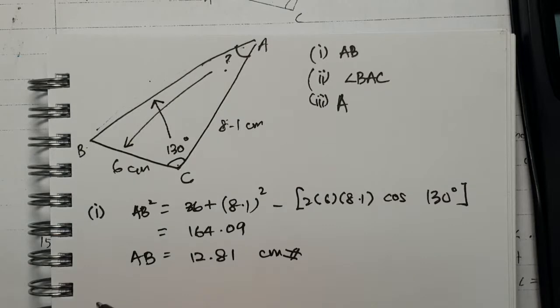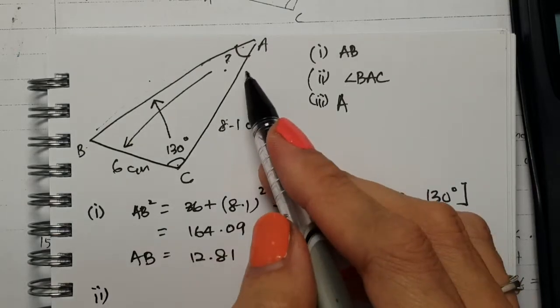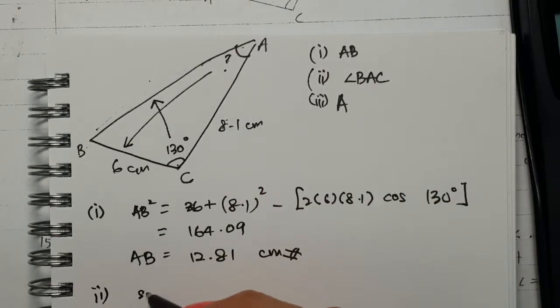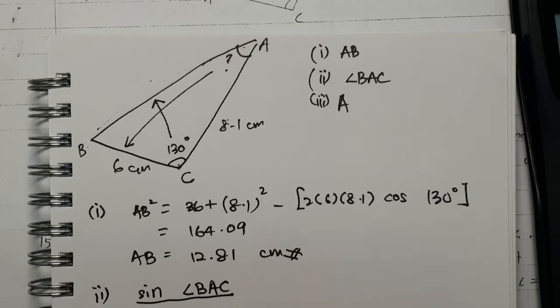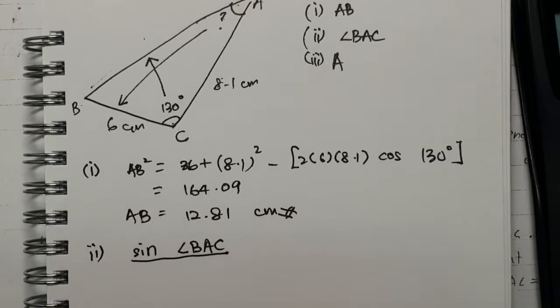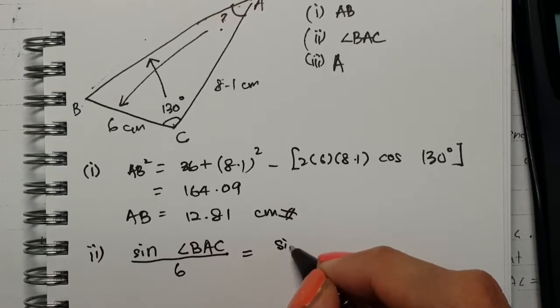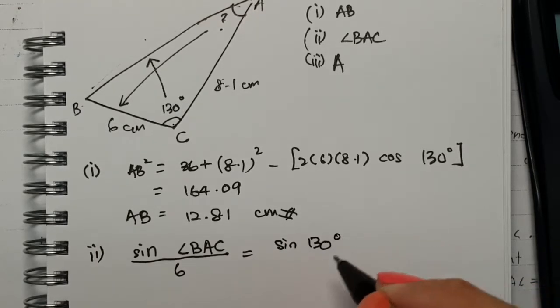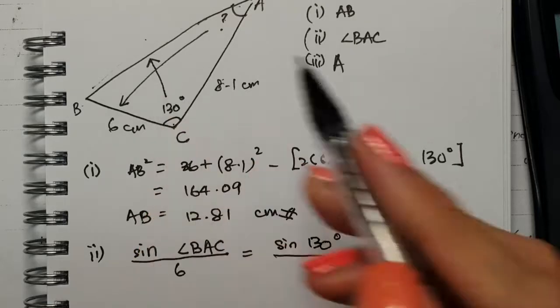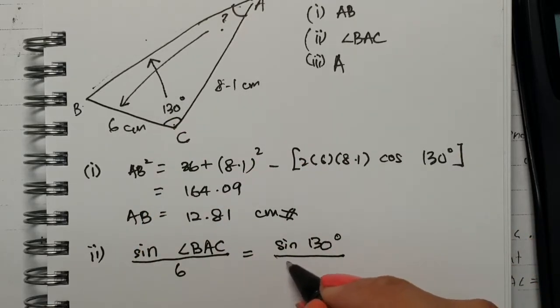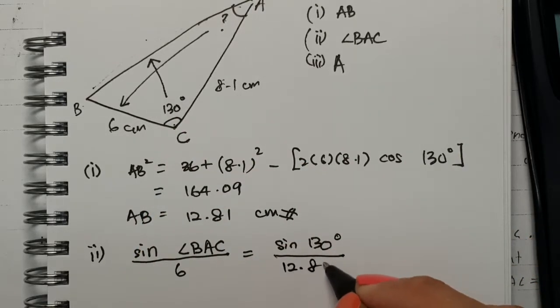So use the sine rule. Since this angle is the one that I want to find, the angle goes on top. Sine angle BAC over its length, which is 6, is proportional to sine 130 over its corresponding side, which is 12.81.